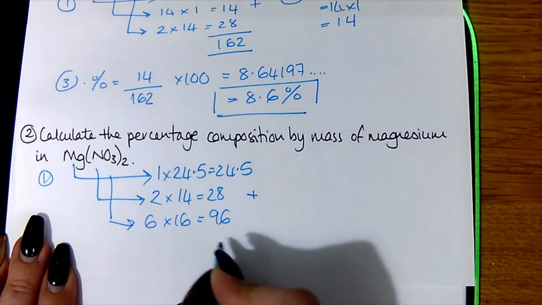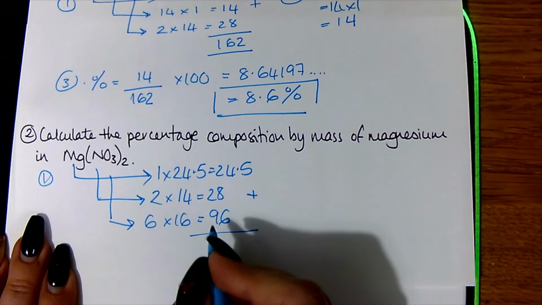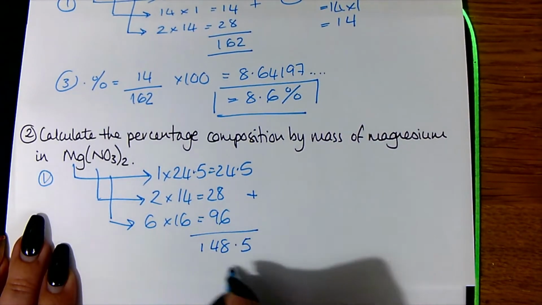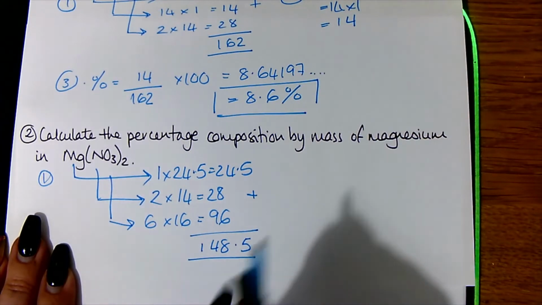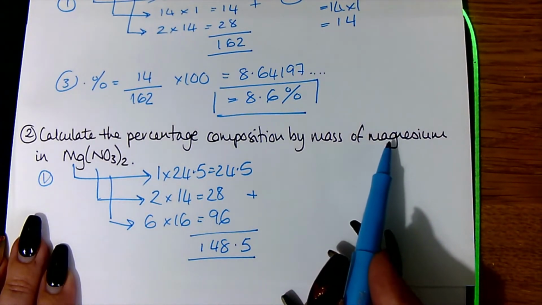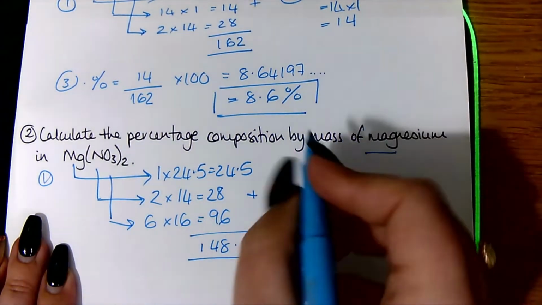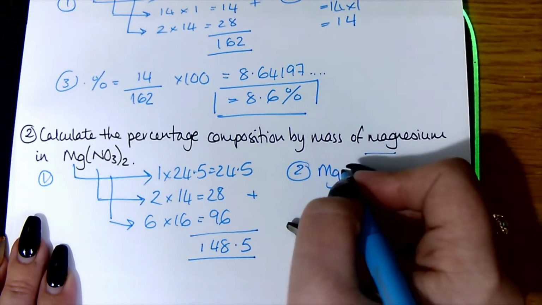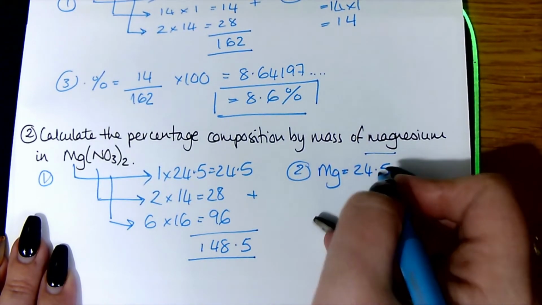And when we add these up, we should get 148.5. We're asked in the question about the percentage composition by mass of magnesium. So for the second step, we are looking at magnesiums. We only have 1 magnesium this time, so it is 24.5.